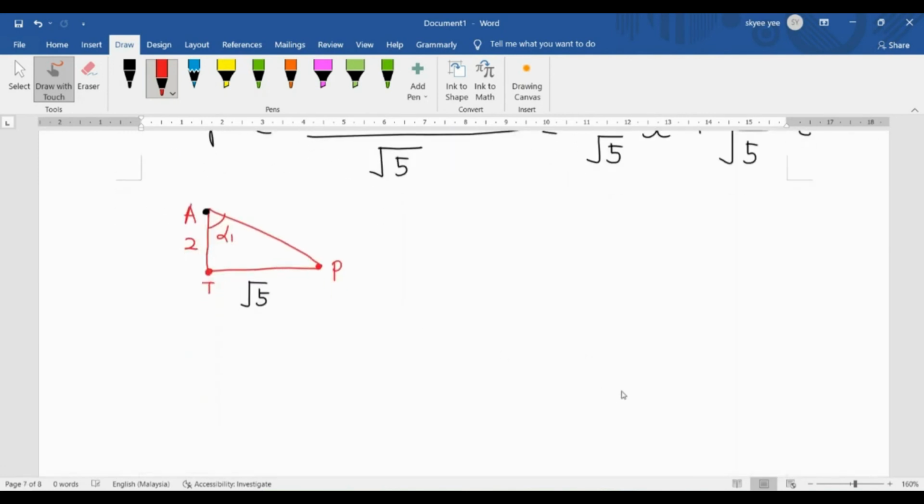So the tangent alpha 1 is equals to opposite over adjacent, which gives 48.19. Now we can form this one, which is to calculate the direction of the magnetic field.